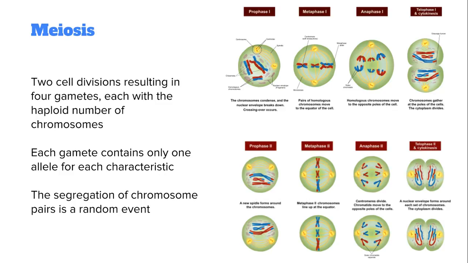Each gamete, so each of the sex cells produced during meiosis, only contains one allele for each characteristic, which is how we bring about our genetic crosses that we've done previously.